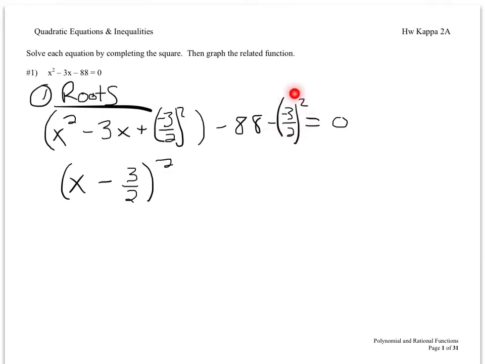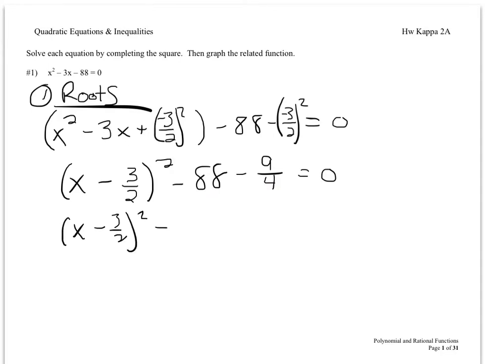Over yonder, to square a negative 3, you get 9. To square 2, you get 4. In order to put these together, I need to get common denominators. So I bring the x minus 3 halves squared down.